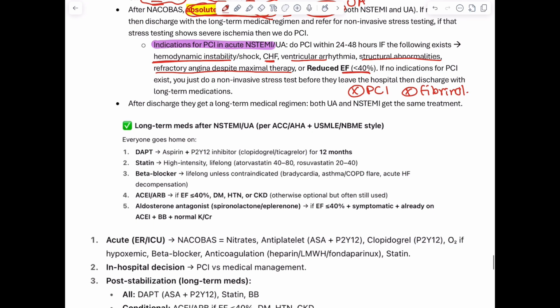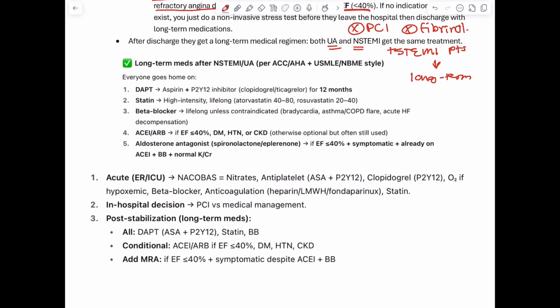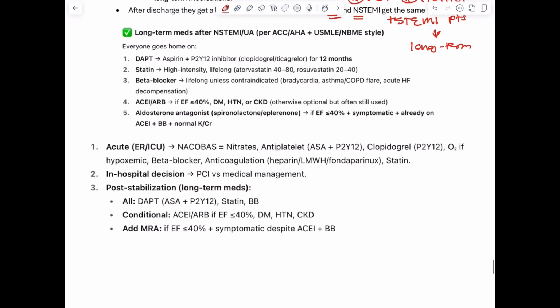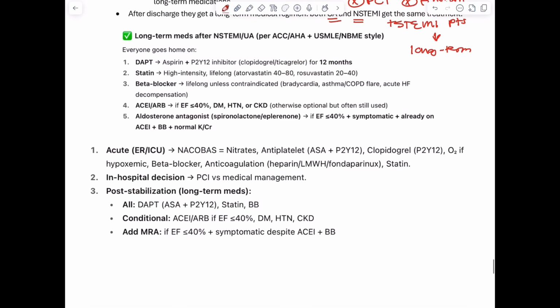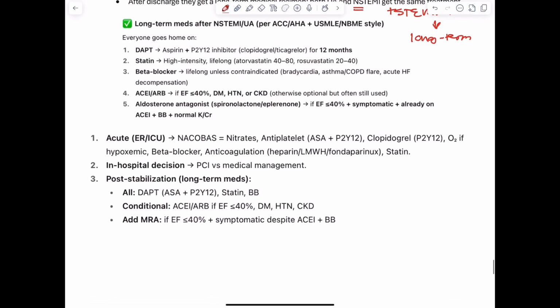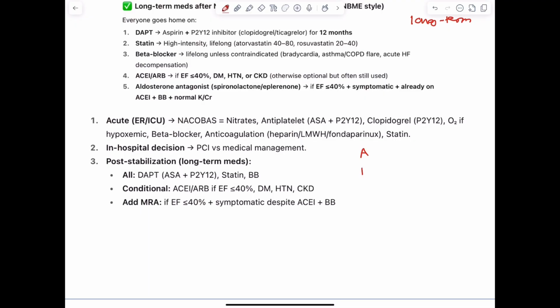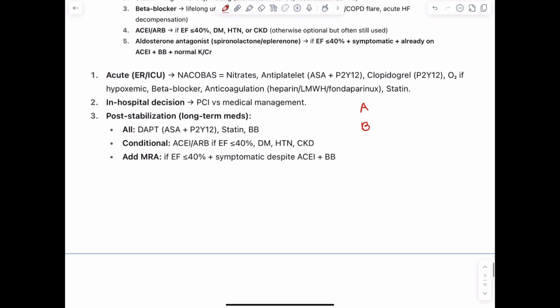And then after you discharge a STEMI, NSTEMI, and unstable angina patient, they all get the same long-term therapy. We're gonna make it a little bit easier. The way I remember the long-term treatment for all of them is gonna be A, B, C, D, okay?